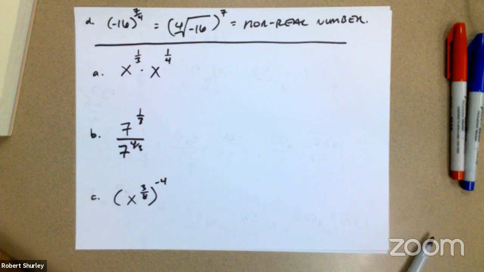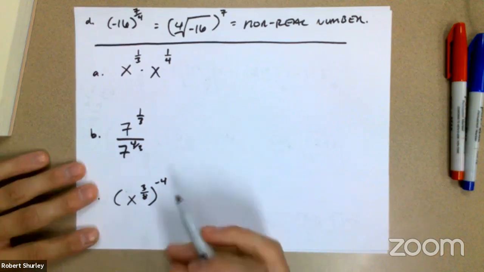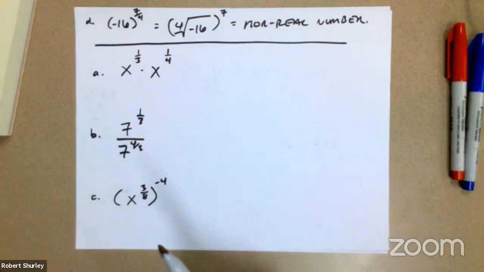Mr. Shirley, I'm listening. I'm on number C. Is that 3/8? Because I can't read it. Yes, ma'am. Okay, 3/8. I'm sorry. My markers are getting kind of fatter because we're using them, and I'll try to write a little bigger. I just wanted to make sure I wrote it right. Yeah, no problem.